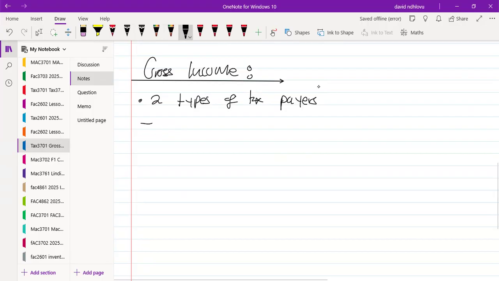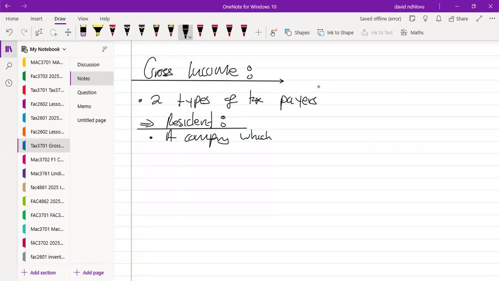We have what we call a resident. So when you talk about a resident in the context of a company, this is basically a company which was, number one, formed or incorporated in South Africa.